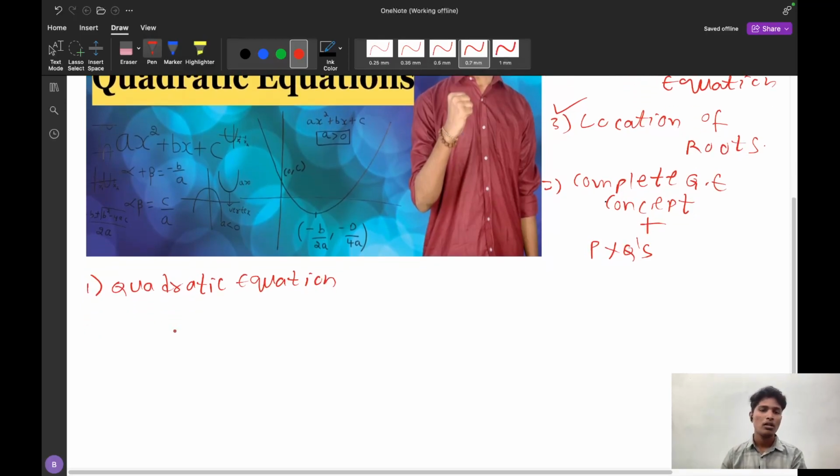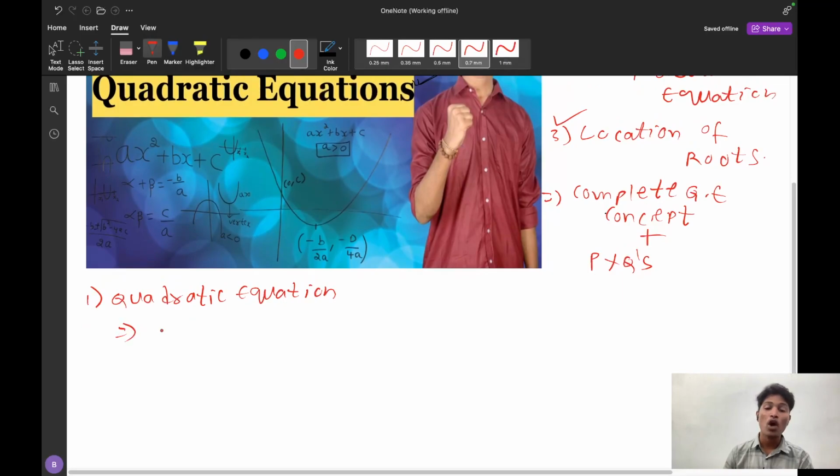If you want to understand a quadratic equation, you have to understand what a linear equation is. And if you want to understand a linear equation, you have to understand what an equation is. What is an equation?